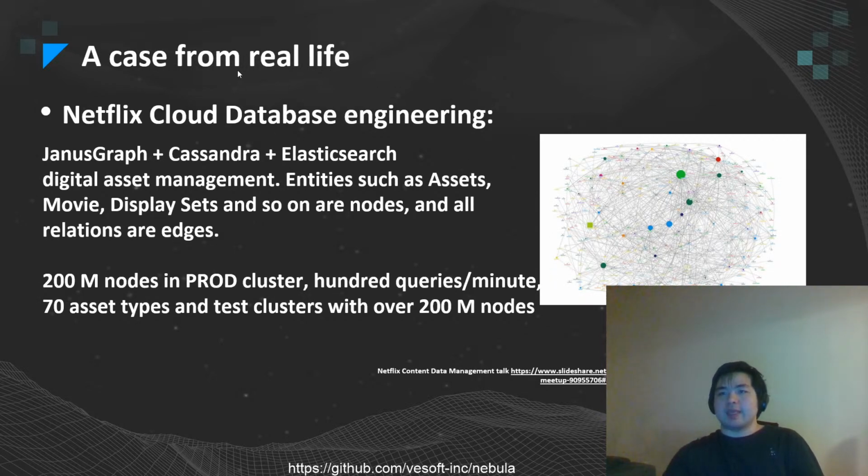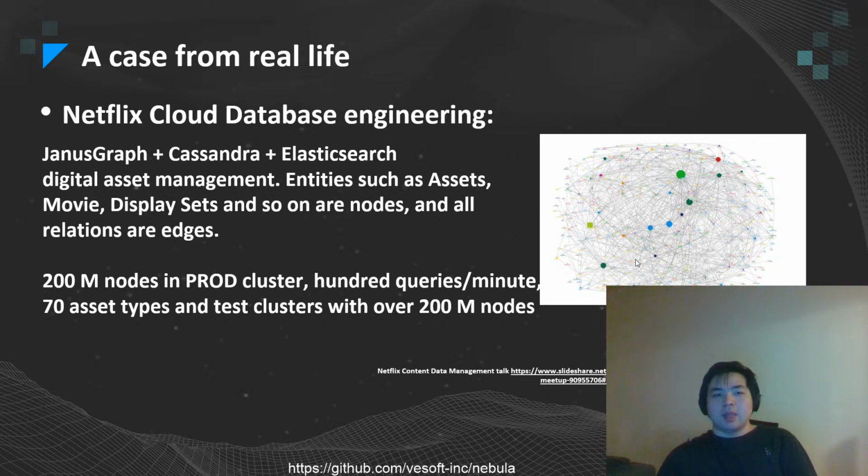Here is a real-life case. You can check the link for a more detailed slide. Netflix used their cloud database to store digital asset information and to manage different kinds of digital asset entities, such as movies, display sets, and so on.